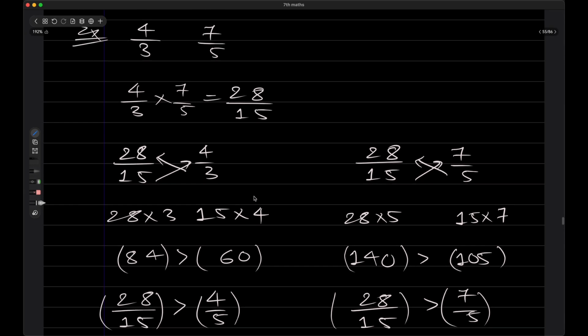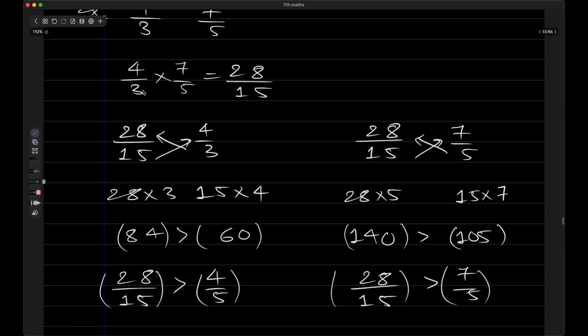If we observe here, we have taken two improper fractions, 4 divided by 3 and 7 divided by 5, where the numerator is greater than the denominator, and the product, 28 divided by 15, is always greater than both of the improper fractions.